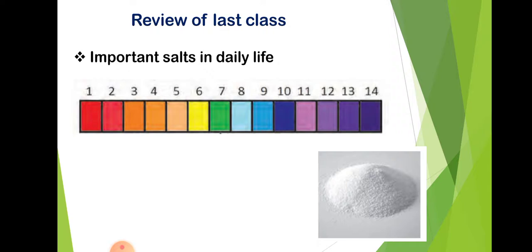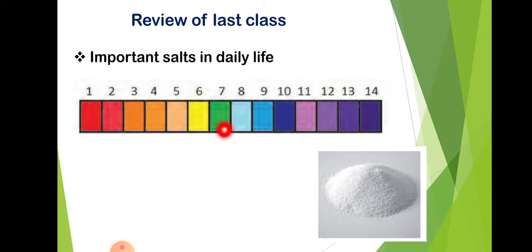There are so many important salts which we use in our daily life. Here one pH strip is given, where you all know that 7 is the midpoint. When the salt has a pH value of 7, then it is called what? Neutral salt.